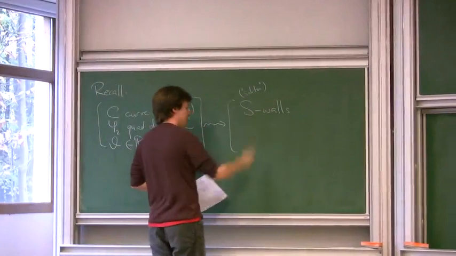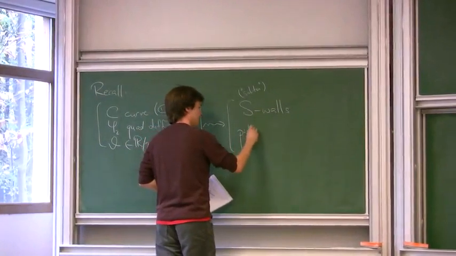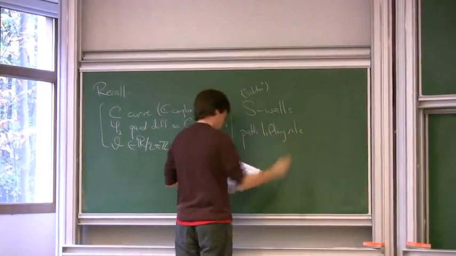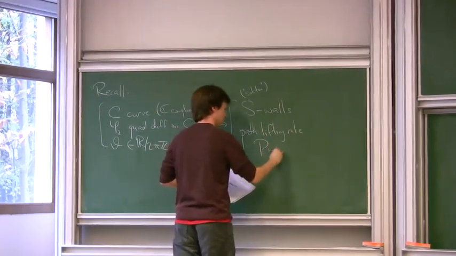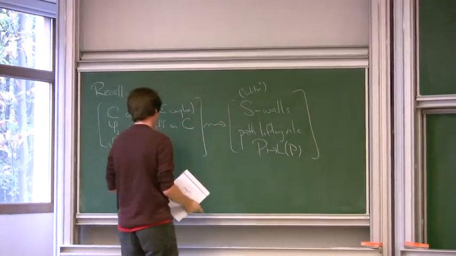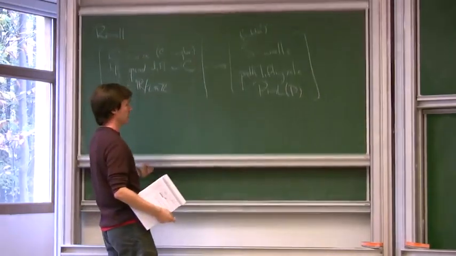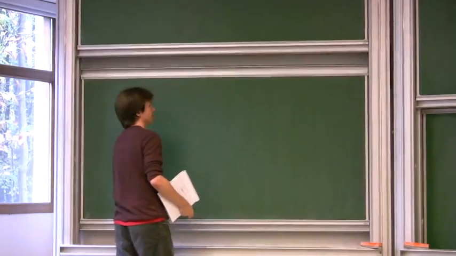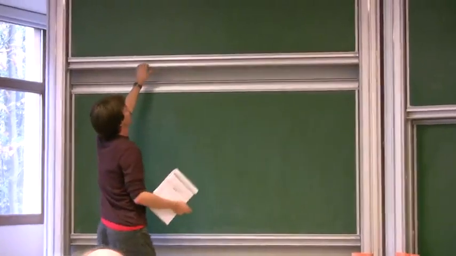So we had these S-walls, and we had something that I called the path lifting rule. This is a very short resume, and now let me remind you a little bit what these things were. Actually, let me add one more item to that list.